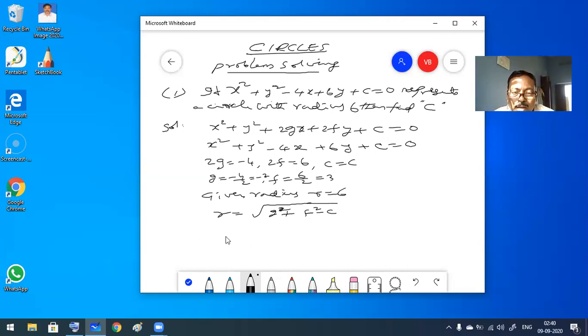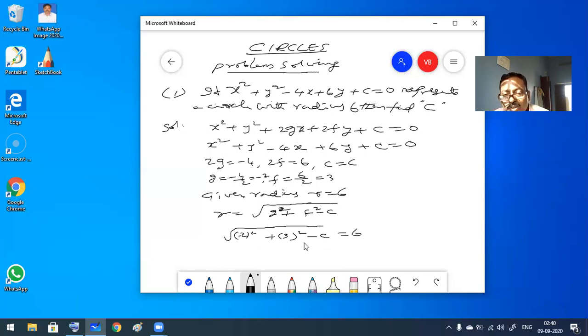So square root of g, which is minus 2, whole square, plus f, which is 3, whole square, minus c. This is equal to the given radius 6.